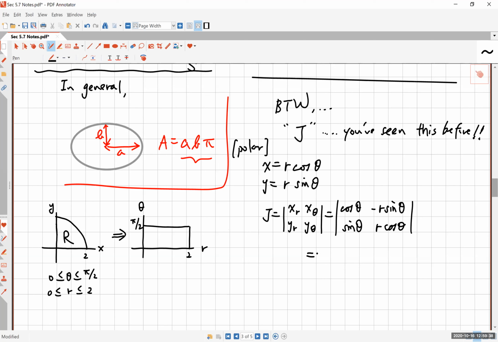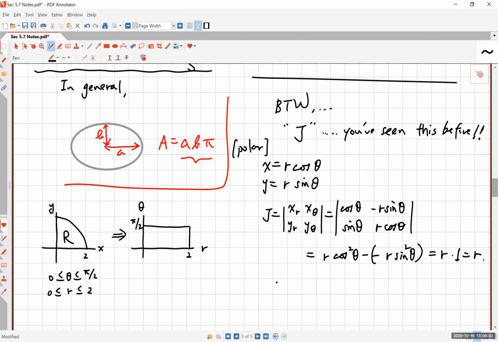You take the 2 by 2 determinant, that's r cosine square theta minus negative r sine square theta, okay? And of course, this is just r times cosine square plus sine square, which is 1, right? And so this is just r, okay?